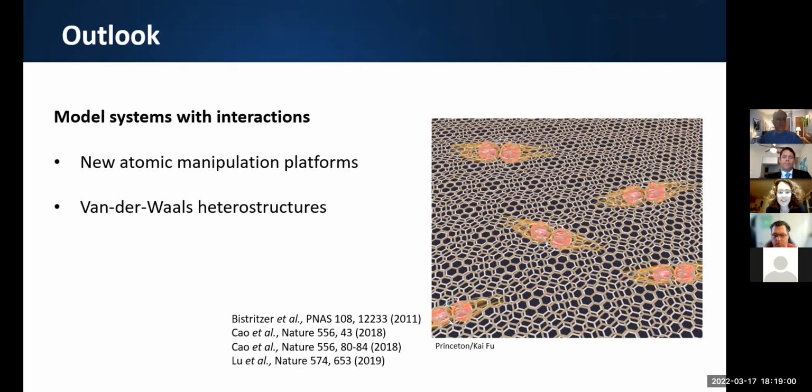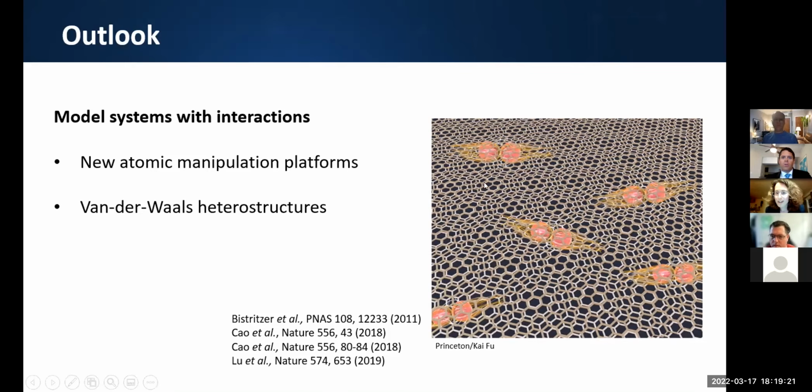And that is because in this material, there is so much screening of the electrons because of the bulk. We use the copper system because of the bulk underneath, so that we don't have strong electron-electron interactions. And now the field is moving to new manipulation platforms.